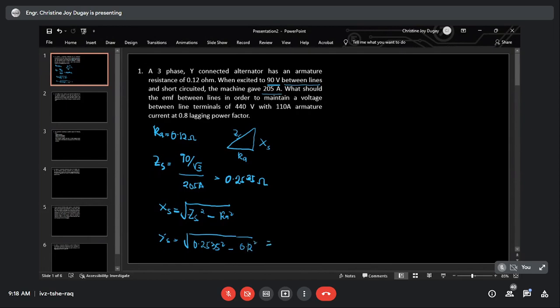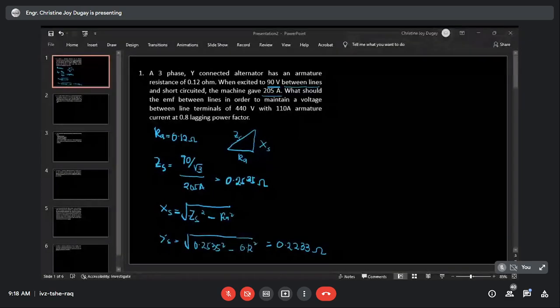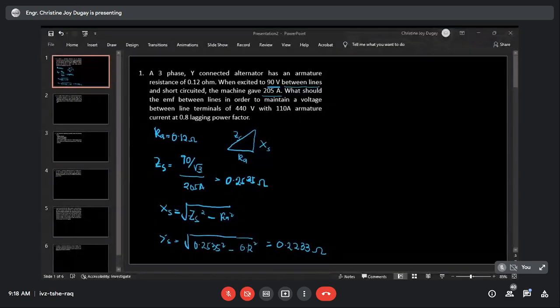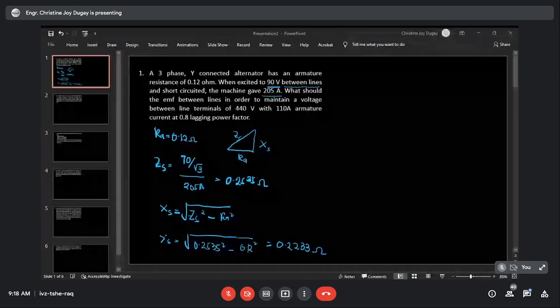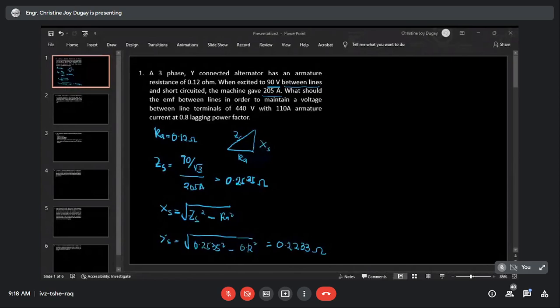So, solve ninyo yan. Check if that is 0.2233 ohms, no? Please try to check kung tama po si Miss Christine. Please check kung tama.